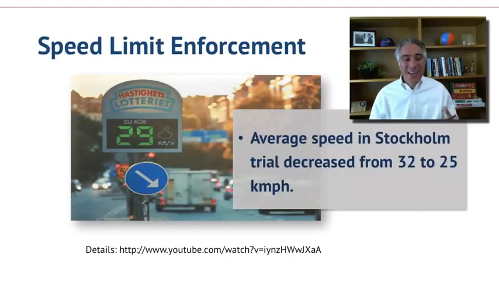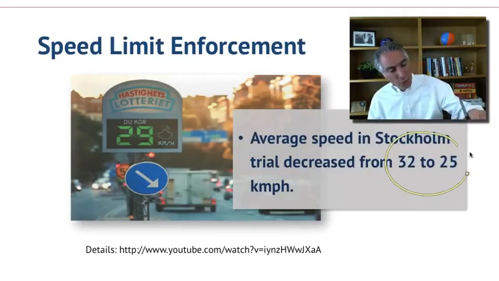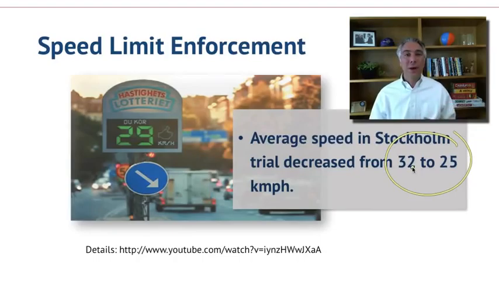People slowed down over 20% over a 3-day period when they trialed this system, even though all that was changed was that they could win some money by not speeding. The addition of the lottery, the addition of the game or competition element to this activity changed people's behavior.